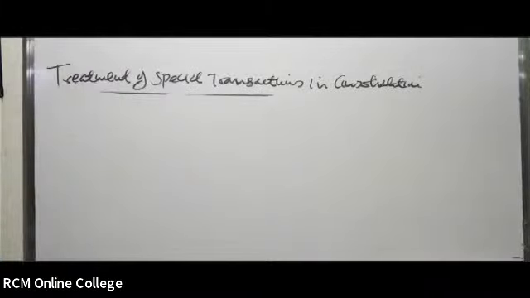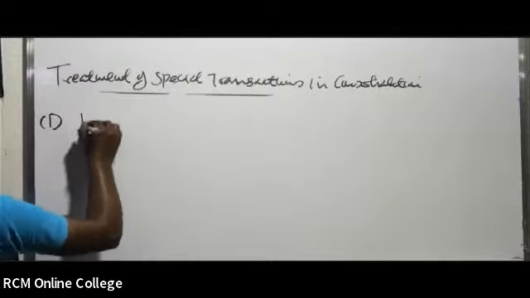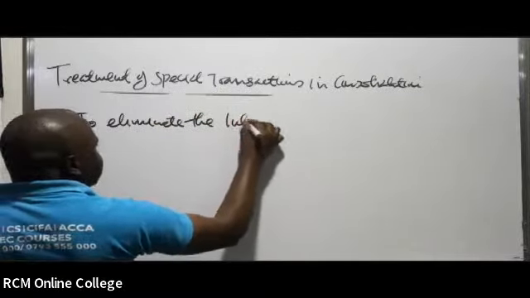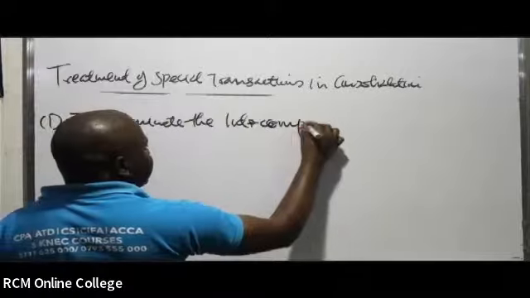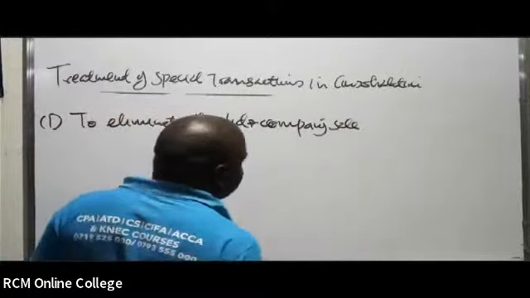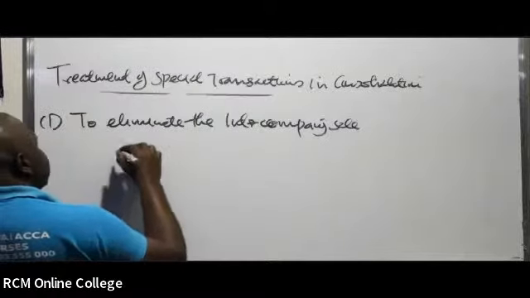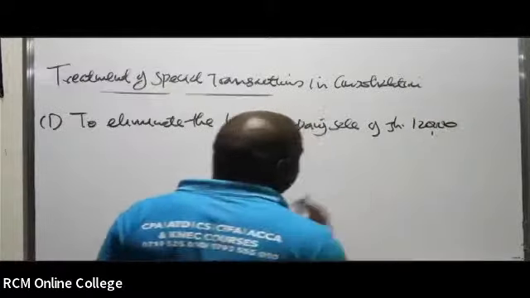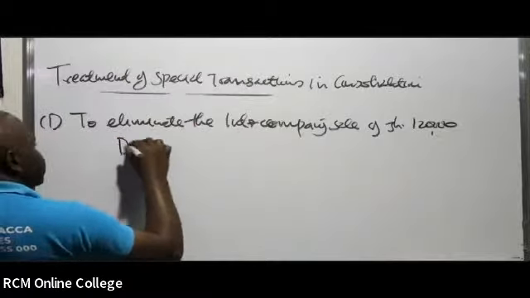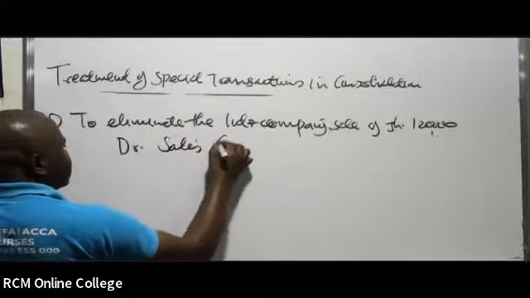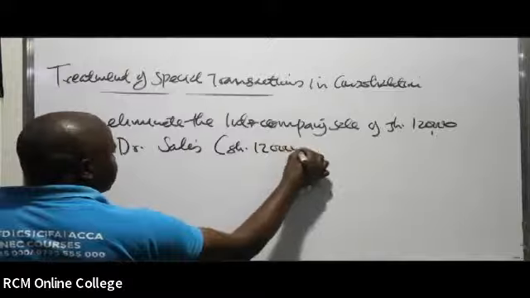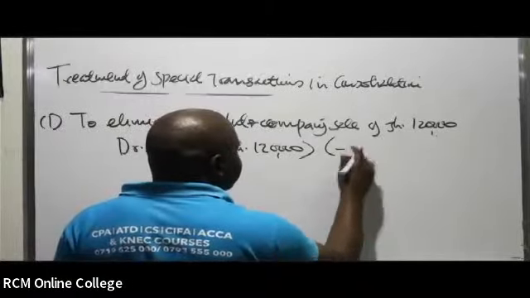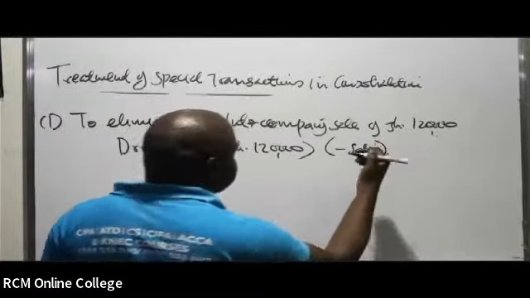Number one, to eliminate the intercompany sale of shillings 120,000, you debit the sales account with shillings 120,000. In other words, you are deducting from the sales that you have.